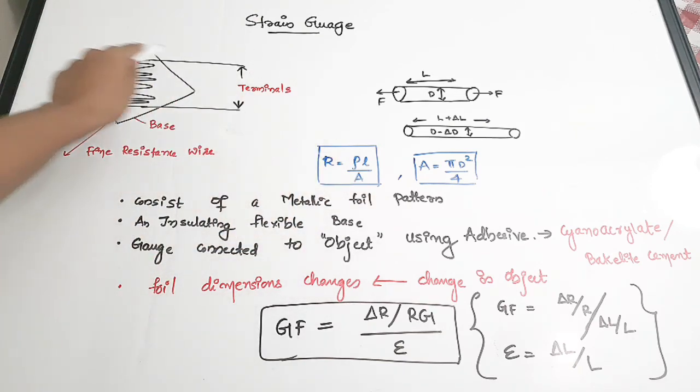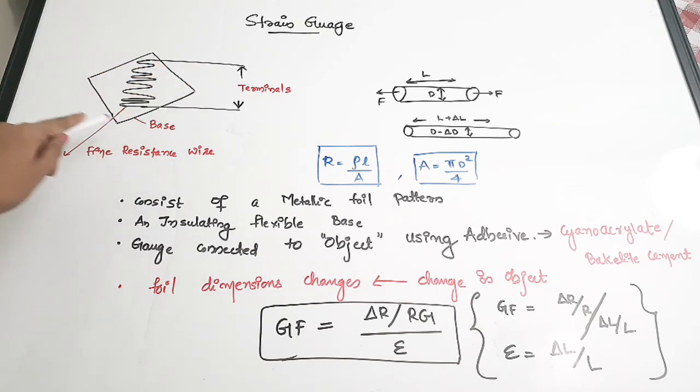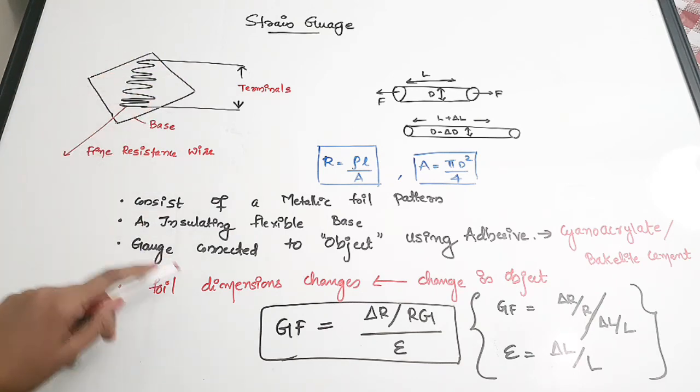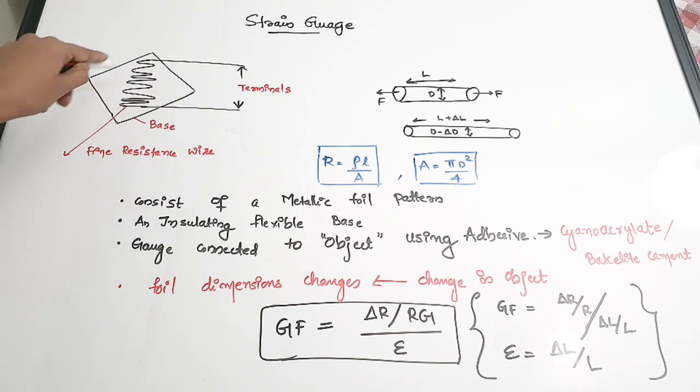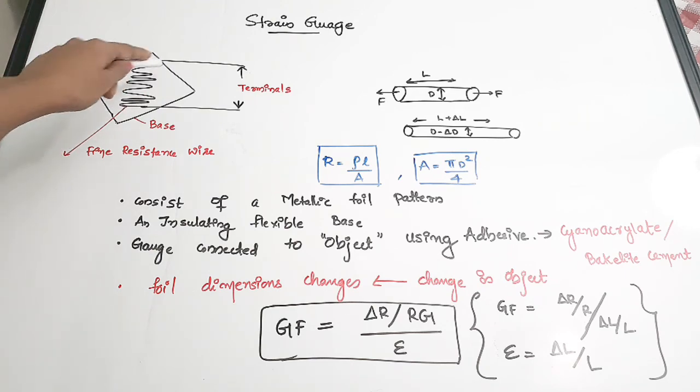The structure consists of an insulating base and a very fine metallic foil or a resistance wire connected on top of it.